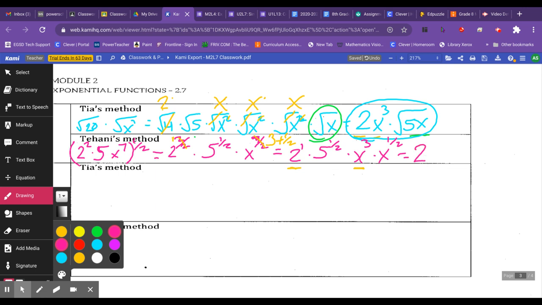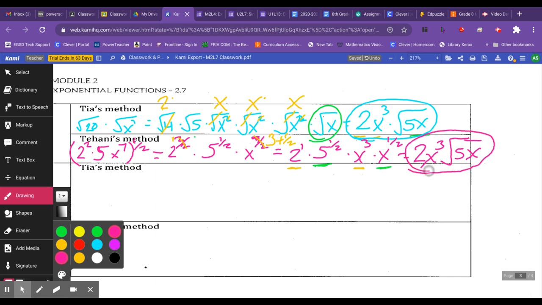So 2 to the first is 2. X to the third stays the same. Now 5 to the half and x to the half, both are half, which is the same thing as a square root. They're both going to go under the square root sign.